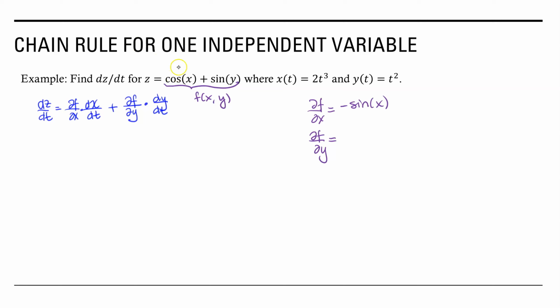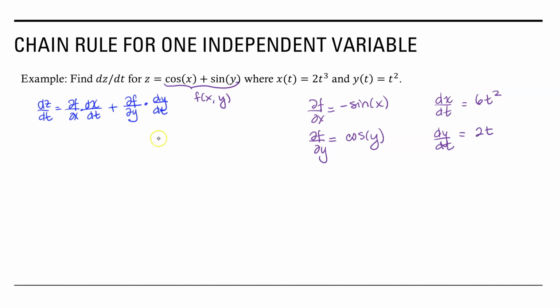This time the partial derivative with respect to y is 0 for the first term, and for our second term we get cosine of y. Now we also need the derivative of x with respect to t and y with respect to t. So dx dt is 6t squared, and dy dt is 2t.